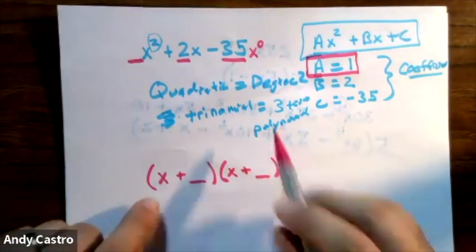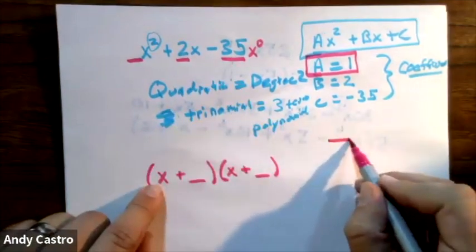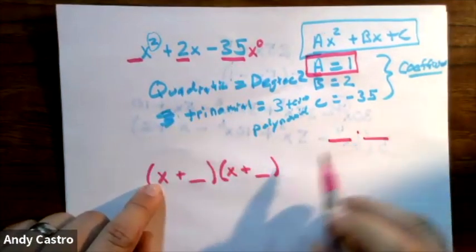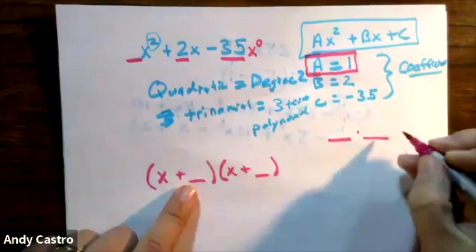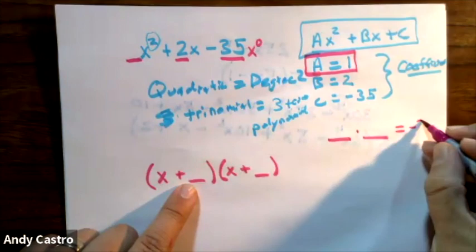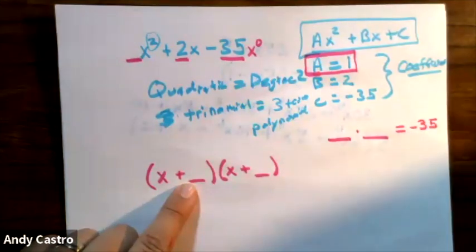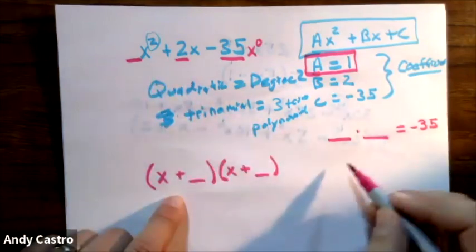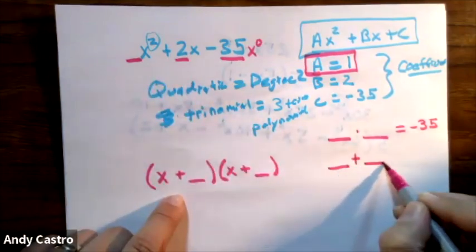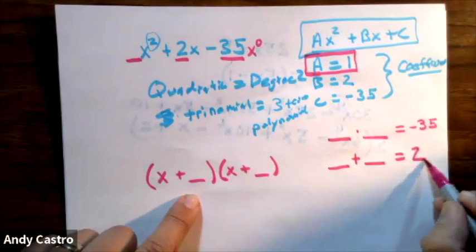Now, we need 2 numbers that when I multiply them together, they'll give me the final term here, which is negative 35. Those same 2 numbers, when I add them together, have to give me the middle term of positive 2.